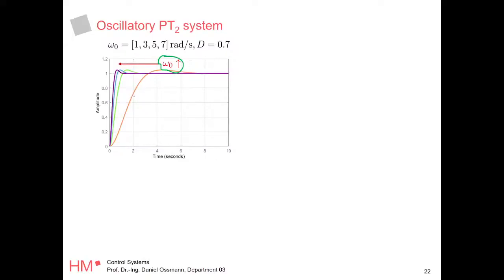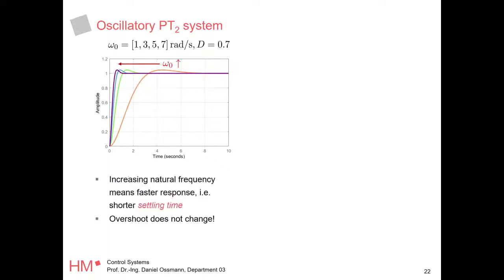This is the so-called settling time. The overshoot is how much we overshoot our final response, and this overshoot is not changed. I'm going to define these two things later. I'm going to try to get some intuition on the system first. So increasing the natural frequency means a faster response, and we're going to describe this mathematically by the settling time.